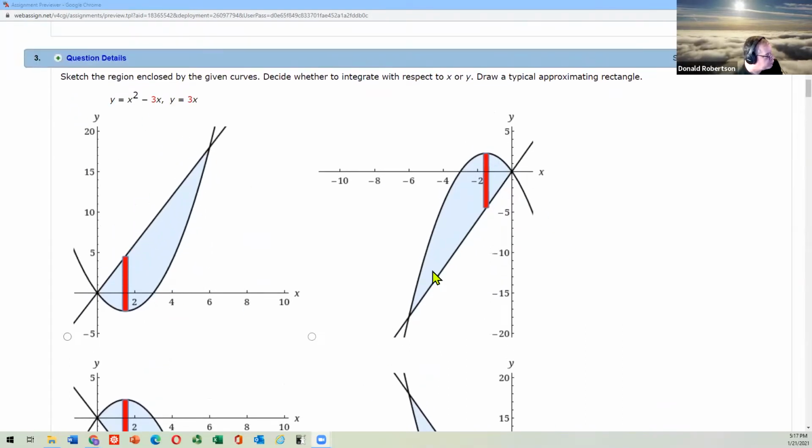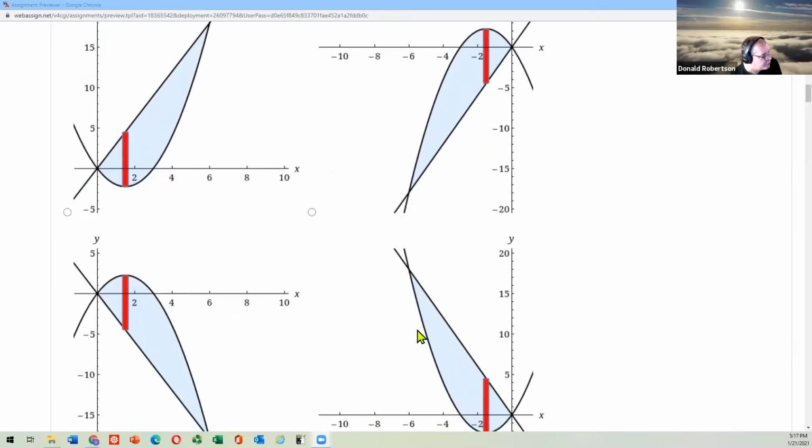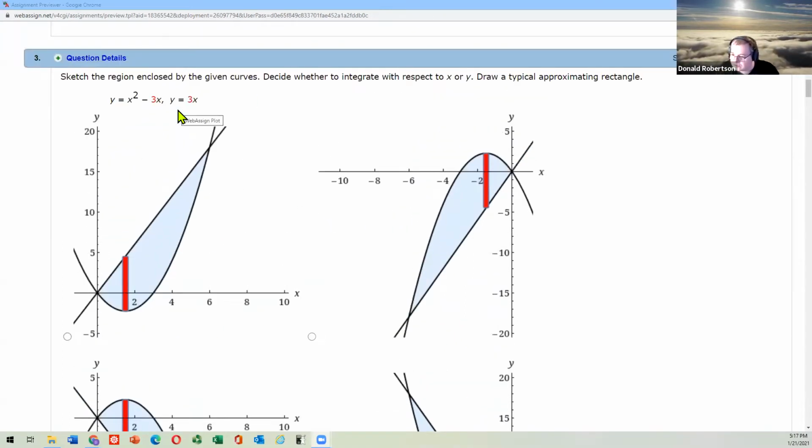Here's question 3, where you've got the 2 pictures and they like my little rectangle. It's an x squared minus 3x and it's a y equals 3x. I would still do that in Desmos. Why? Well, you don't know which one of these 4 pictures is the right answer until you see what Desmos looks like. Secondly, Desmos will allow you to get the x coordinates of these points.